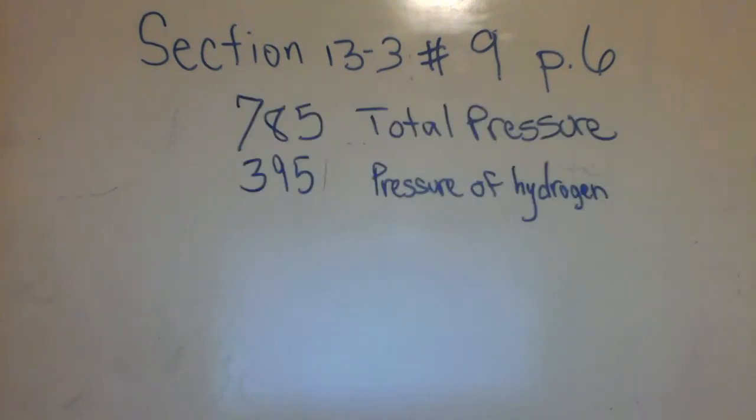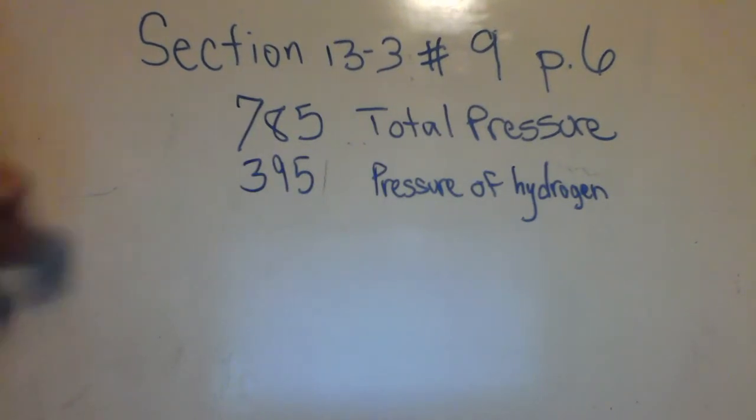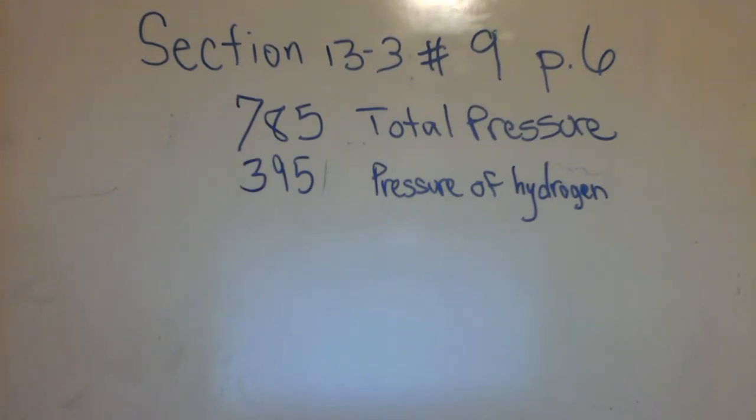In this question, we know that we're given 785 millimeters of mercury as the total pressure of oxygen and hydrogen mixed together. The pressure of hydrogen is 395. The question asks us to identify the pressure of oxygen.